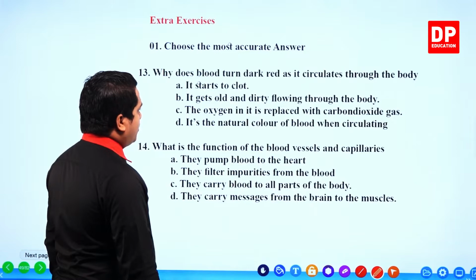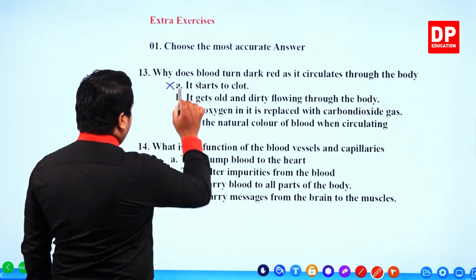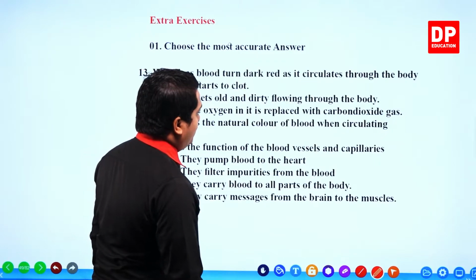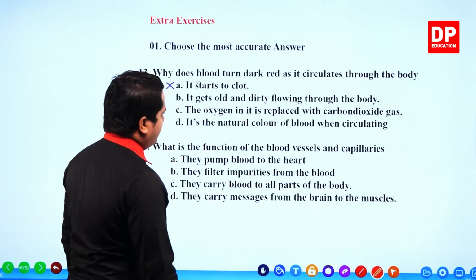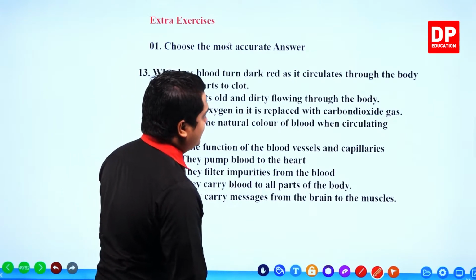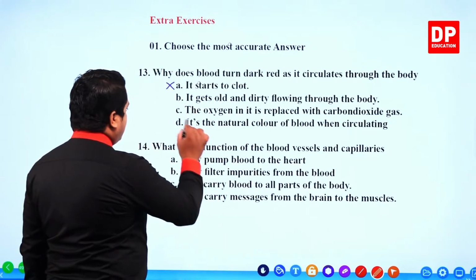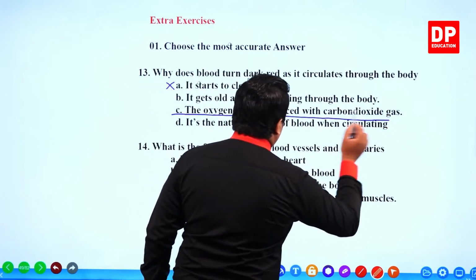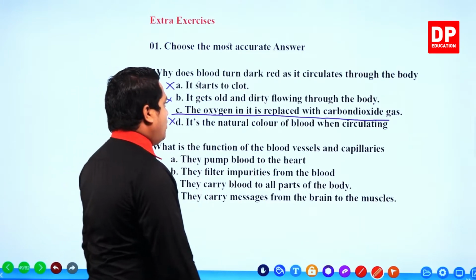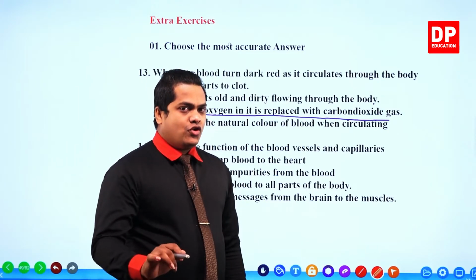It starts to clot. Incorrect. It's not clotting. It gets old and dirty flowing through the body. Let's keep that thing. Oxygen in it replaced with carbon dioxide gas. Now that is my answer. Right? So old and dirty we can ignore.